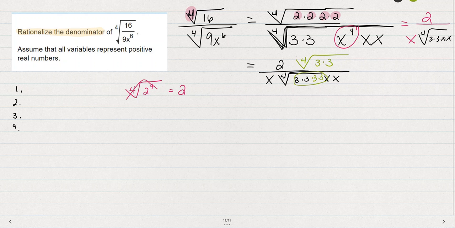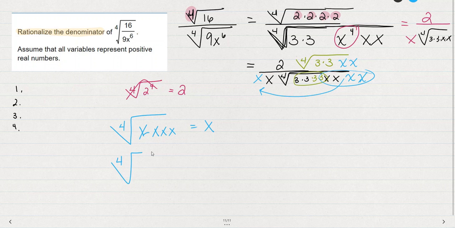And then for the x's, do you see that what we would need is 2 more x's? So I'm going to do that to the numerator also. And now, what do we have? We've got 4 x's, so that can come out as an x. Now, be careful, because the fourth root of 4 x's is just one of the x's, right?